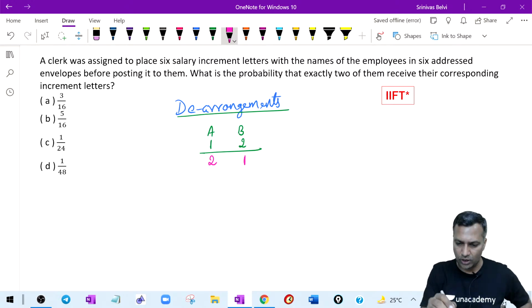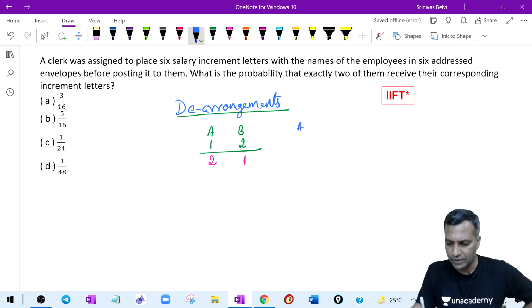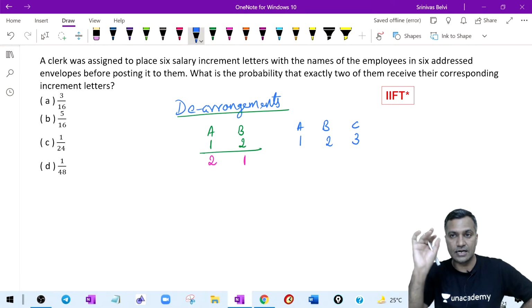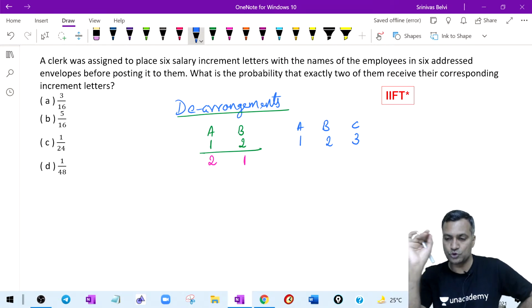What about 3? Now listen to me very carefully. A, B, C are 3 envelopes. You are supposed to keep 1 rupee in the first envelope, 2 rupees in the second, and 3 rupees in the third.